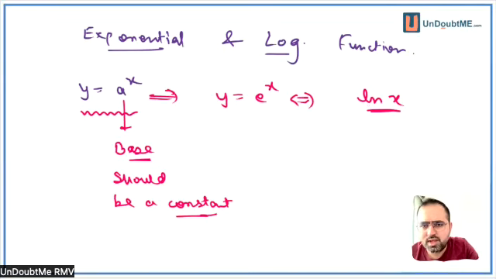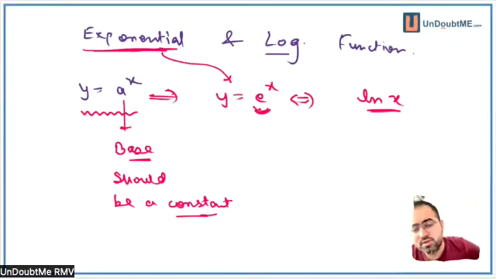So this is how we get to ln x. We will come to that in the next slide. Okay, so this is a very fundamental thing you should know, that when we say something as exponents, exponents means it should have some base raised to some variable power. Okay, x is a variable.